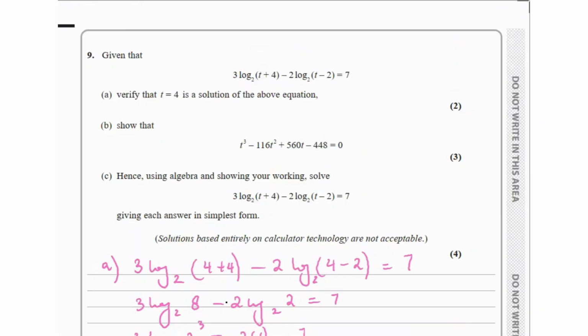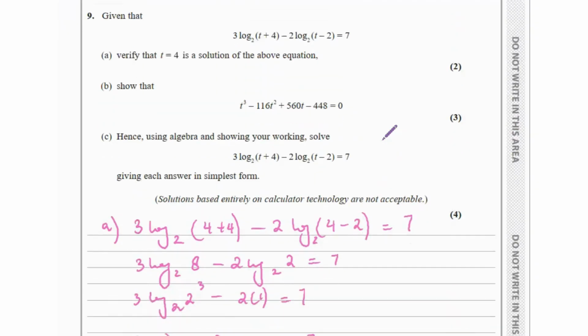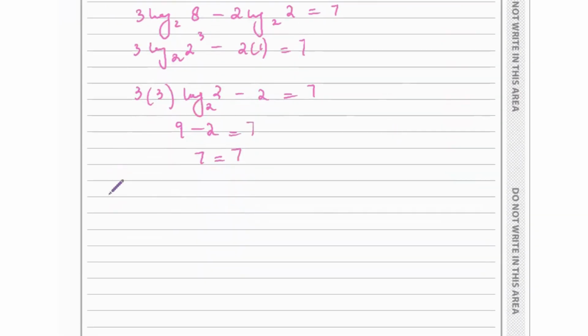Then show that t cubed minus 116t squared plus 560t minus 448 equals 0. For this, we have to rewrite the log equation as a polynomial. So our log is log base 2 of t plus 4.